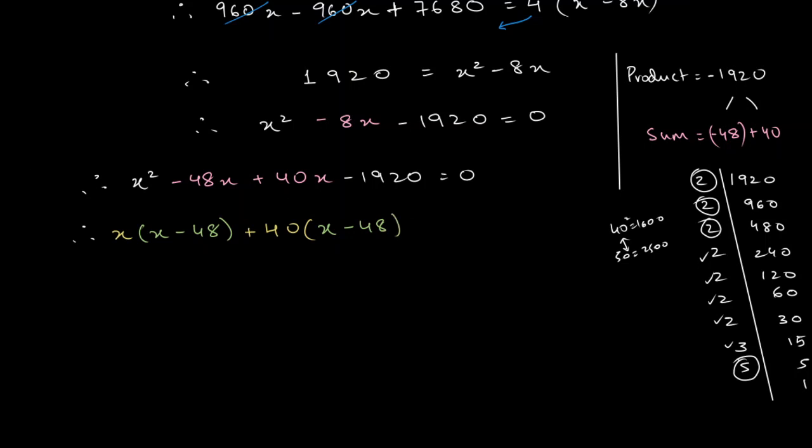And the product of this entire thing is equal to 0. Therefore now you see there's an x minus 48 being repeated, same bracket, so x minus 48 is common. And in the other bracket, I'll be left with x plus 40. Right? And all of this is equal to 0. So we are at a point where we can use the zero product rule because both of these values multiplied give me 0.